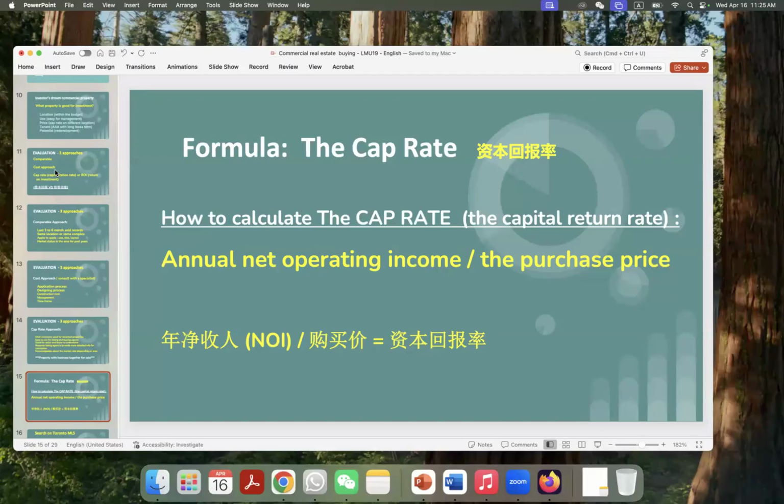You need to get the list of what the costs will be. In this way, you work out in the end what net income they have. Based on the net income, you then work out the cap rate. That's the way you work out the cap rate to get the pricing for your client.